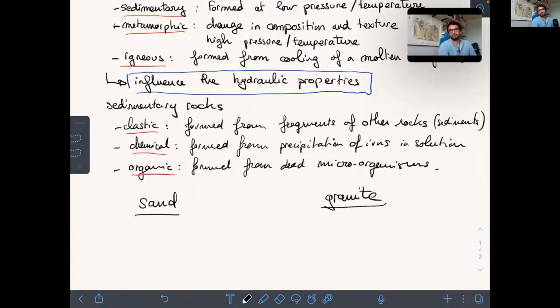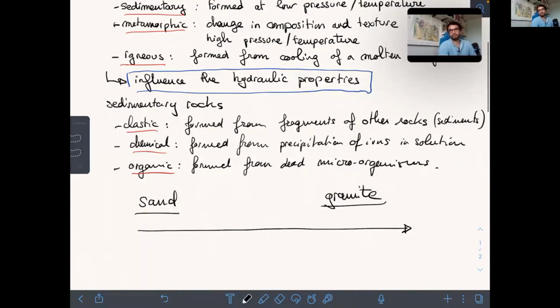So indeed, porosity and permeability are the two key parameters. So here, if we go from sand to granite, okay, we have in the sand high porosity.